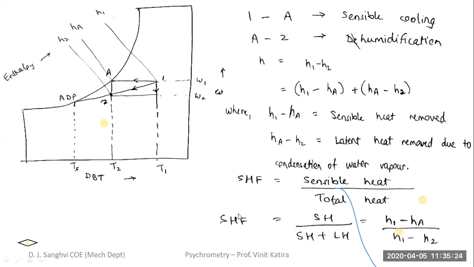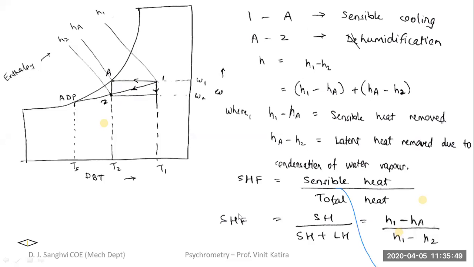If you see the psychrometric chart over here, on the right hand side it has a sensible heat factor scale. I hope you have your psychrometric charts in front of you, or you can refer to the screen.